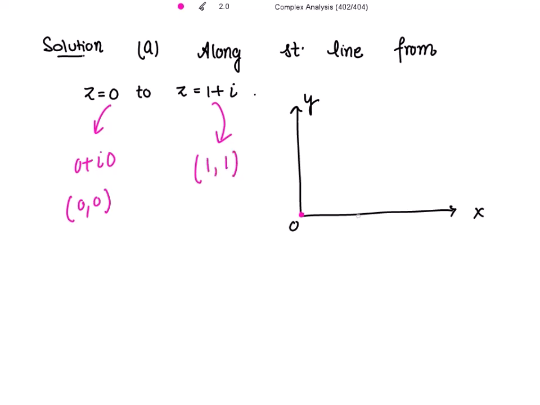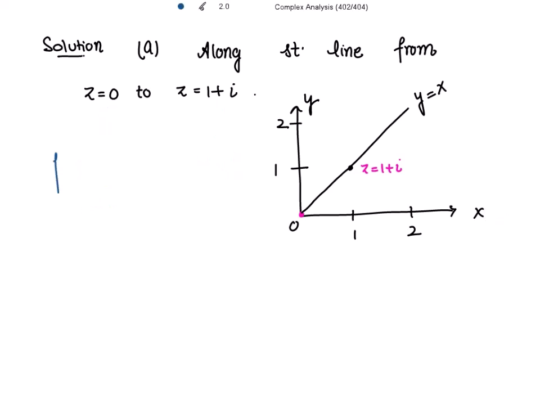So this is the point 1, 1. If I consider this to be 1 and this to be 1, and this 2 and 2, so this is the point z equal to 1 plus iota. Right? So this is your straight line y equal to x.